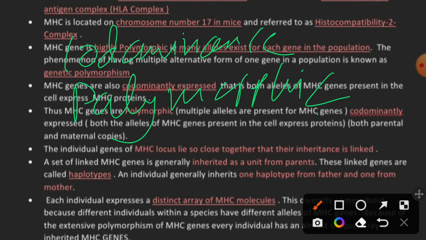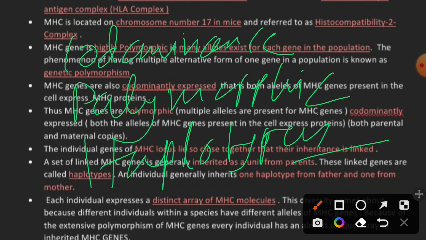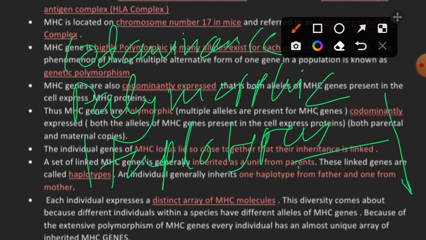create a large diversity. That is why individuals within a species have different alleles for MHC genes. Remember it very carefully: due to this extensive polymorphism of MHC genes, every individual has a unique array of inherited MHC genes.